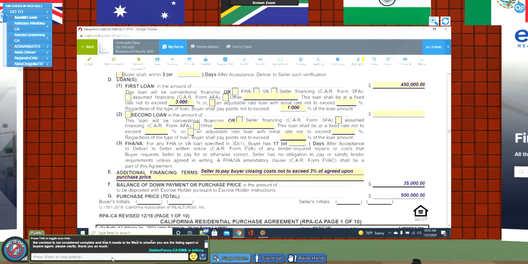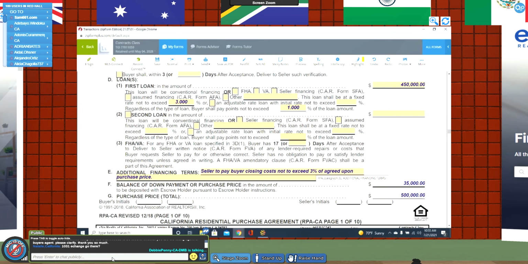Now that can be another percentage, that can be a flat amount. Seller to pay buyer closing cost not to exceed, whatever you fill in here, of the agreed upon purchase price.